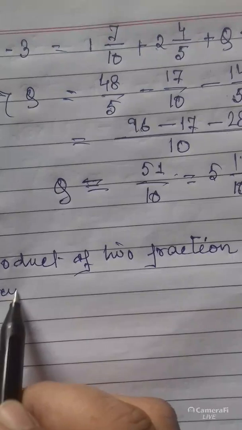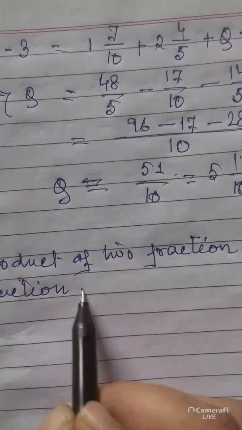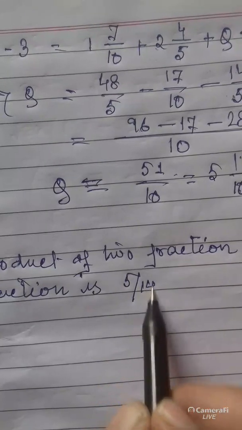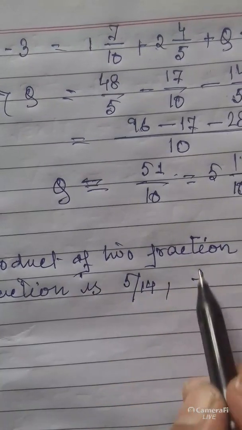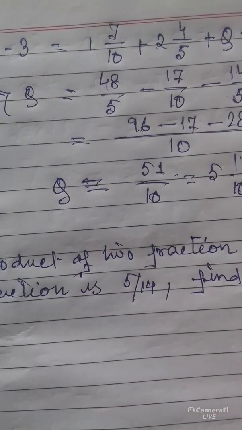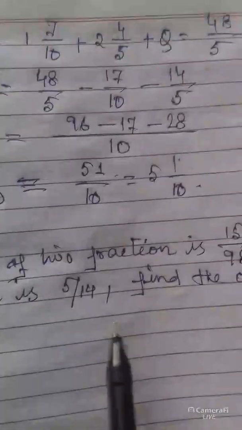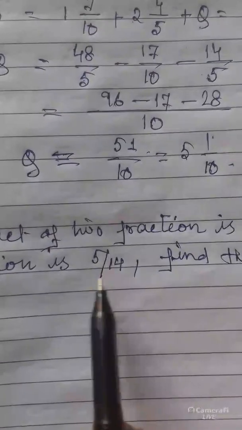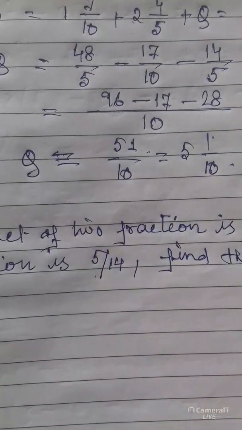If one fraction is 5 by 14, then find the other fraction.